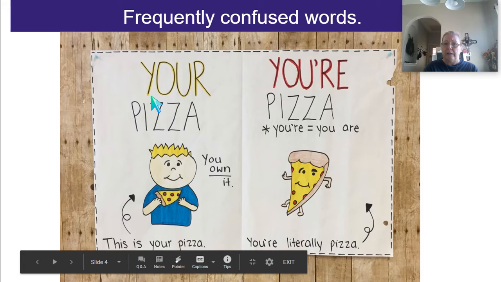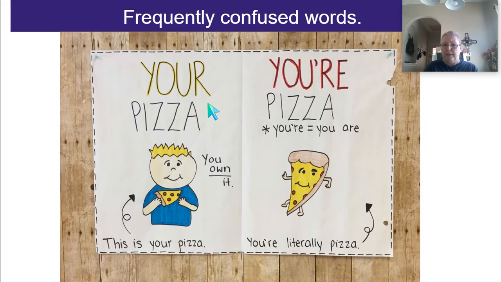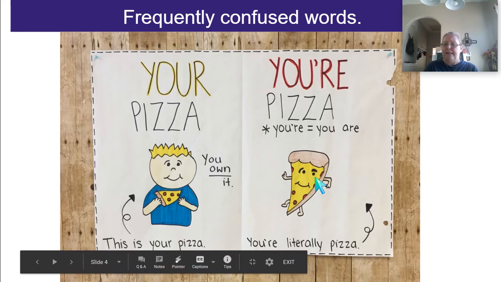You use this your. If you're talking about you're with the apostrophe, you're equals you are. In this case, you're saying that you are a pizza. Are you a pizza? No. So you should be using your.